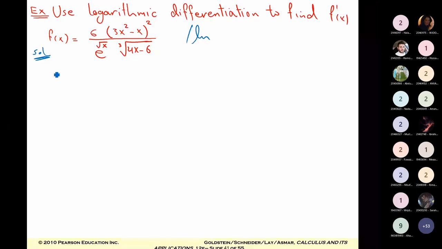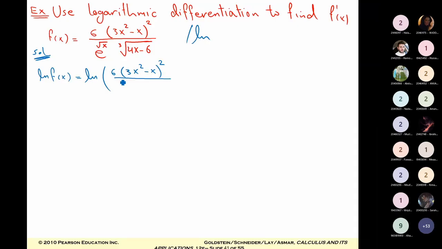So we have ln f of x equals ln of 6 times (3x squared minus x) all to the power 2 over e to the power radical x times the cube root of 4x minus 6. Okay.